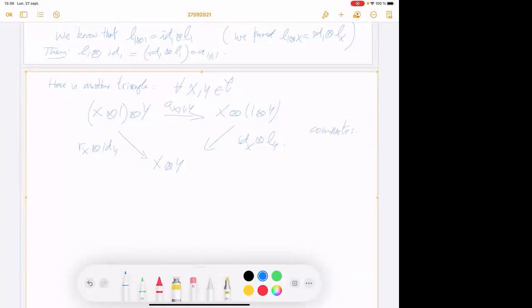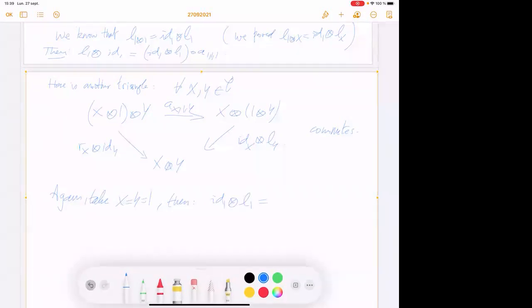Again, you take x equal y equal 1, then you get ID1 tensor L1 composed with A111 equal R1 tensor ID1.